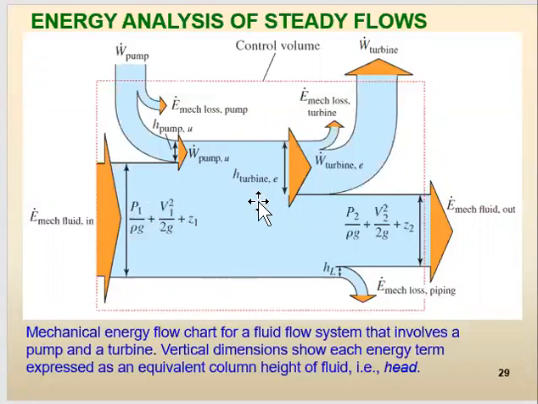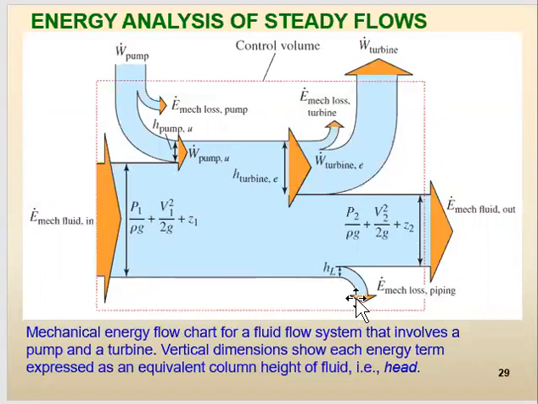And when you have turbine, basically you're taking out some of the mechanical energy from the flow, because when you install a turbine, part of the mechanical energy of the flow is spent to output some work.